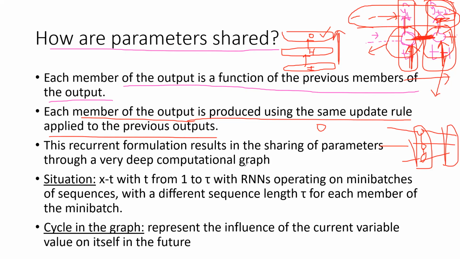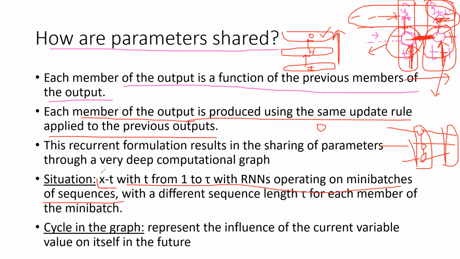So when you have a sequential graph, then that's a computational graph, right? I mean, the neurons are connected in a sequence, so that becomes a computational graph. So you will see the example very soon. Okay. So in this case, x minus t with t from 1 to tau with RNNs operating on mini batches of sequences. Okay.